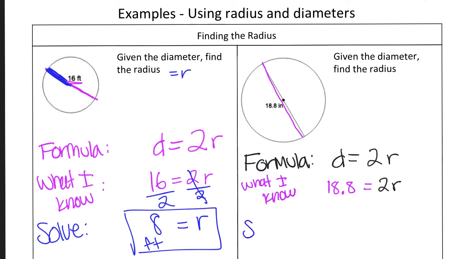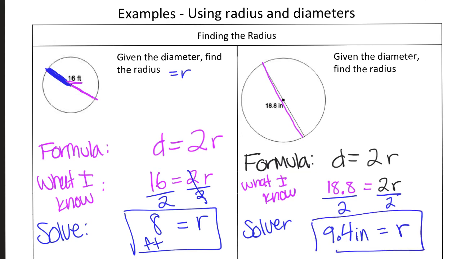And then I'm going to solve for R. I just want one radius. Right now there's 2, so I'm going to divide by 2. There we go. So I have 9.4 inches is the length of the radius, which you could probably deduce. So if the diameter is the whole way across, the radius is just halfway. Okay, so that makes sense. I would divide it by 2.